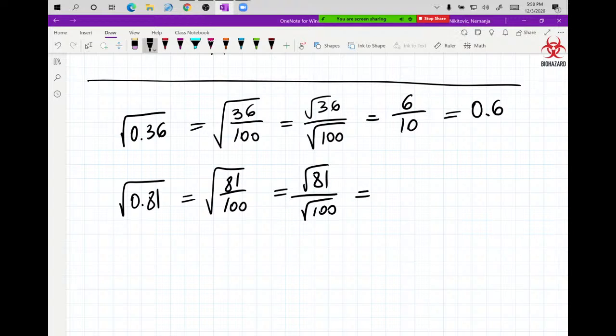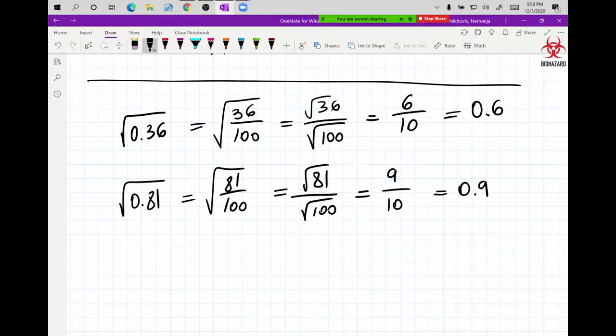Square root of 81 is how much? 9. And the square root of 100 is 10. Good. So in technically 0.9, if you want to do that.